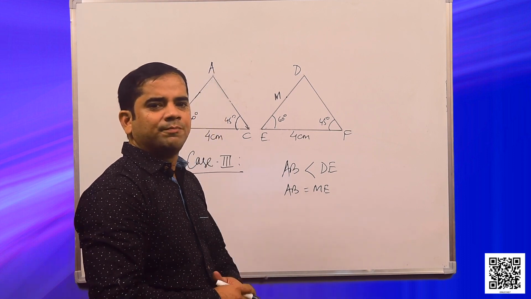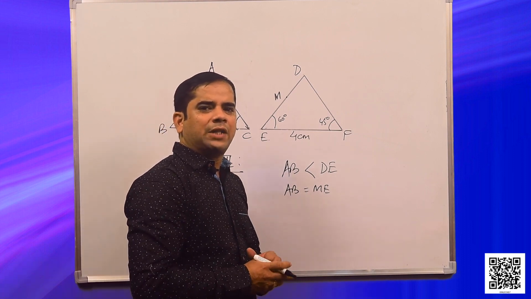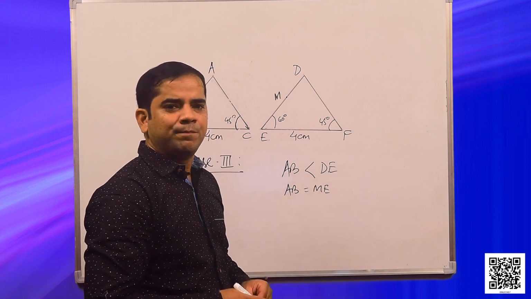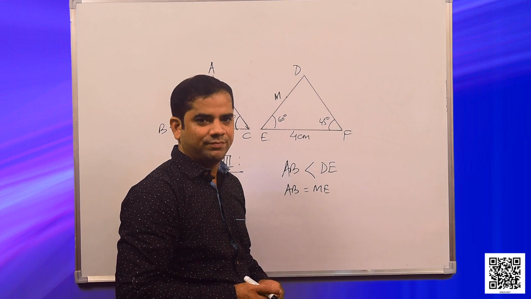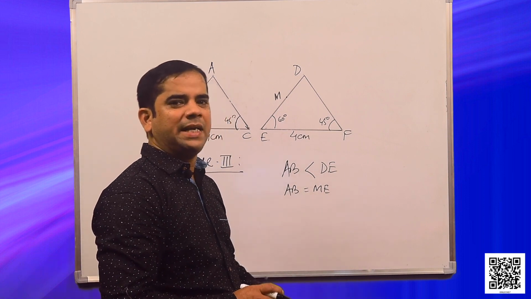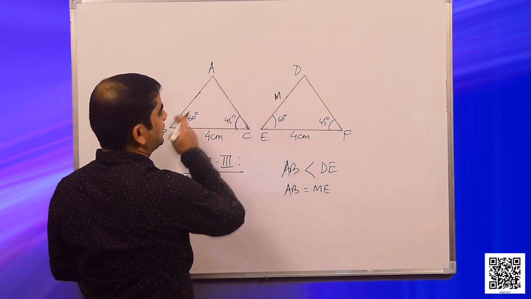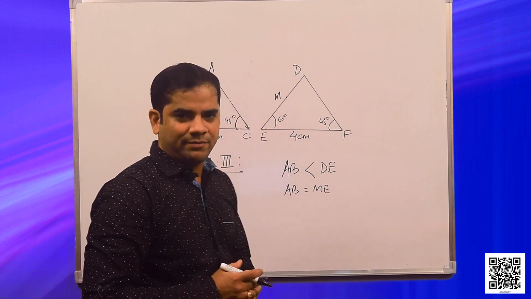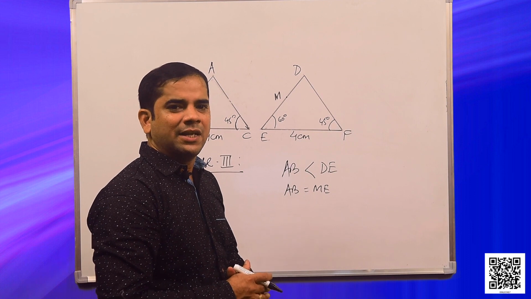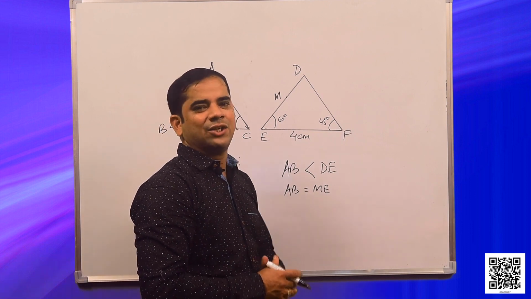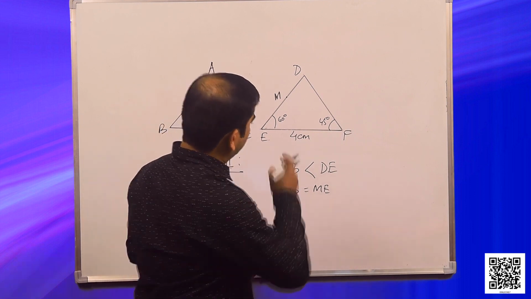Now, we can conclude that AB is equal to DE by repeating the arguments that were given in case 2. How can we do it?